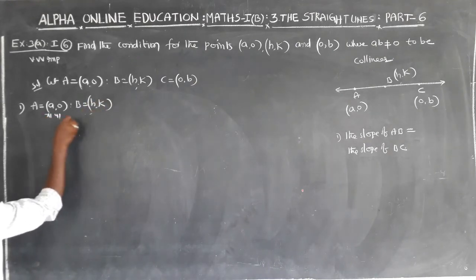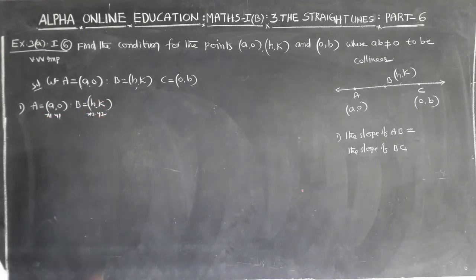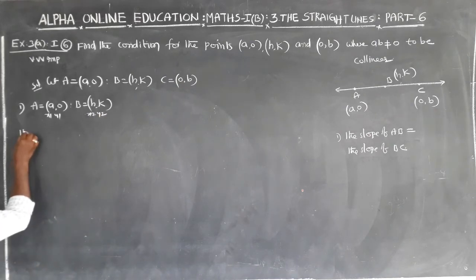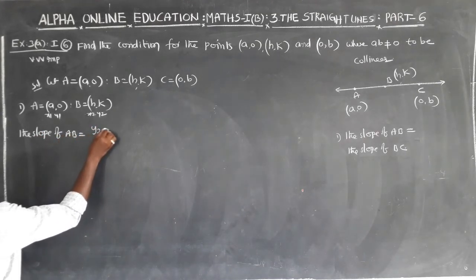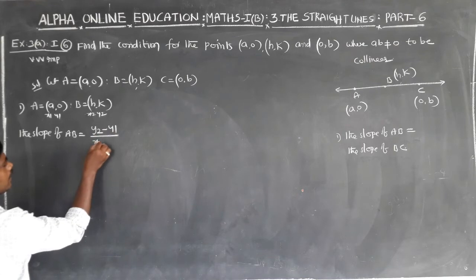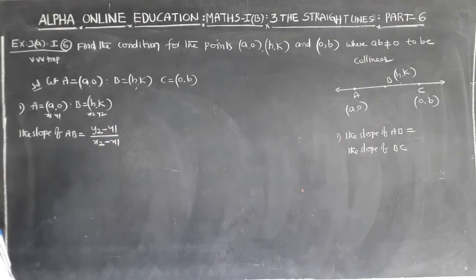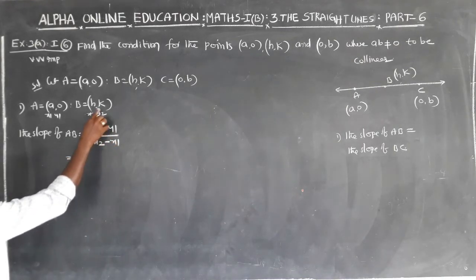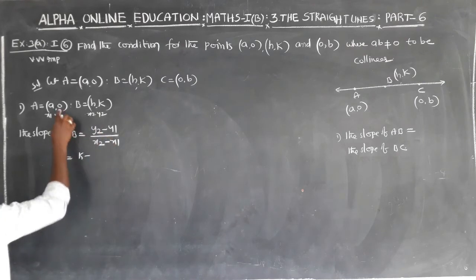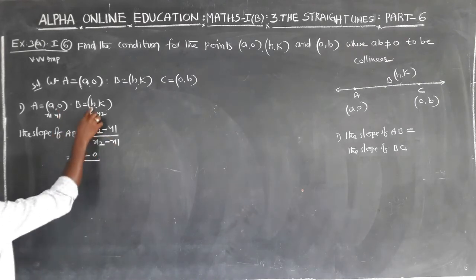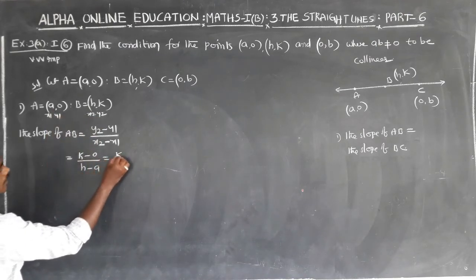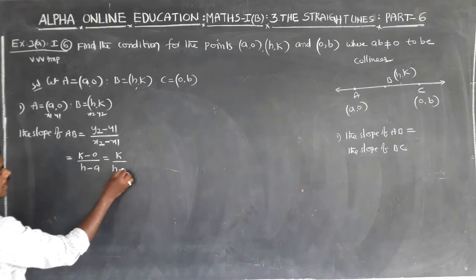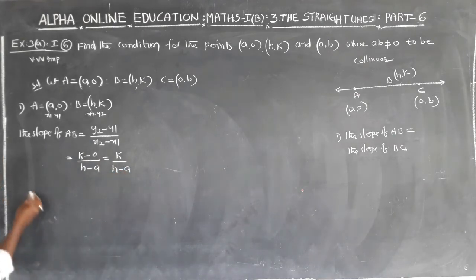Let A be (x1, y1) and B be (x2, y2). The slope of AB is y2 minus y1 by x2 minus x1, which is k minus 0 by h minus a, so k by h minus a.